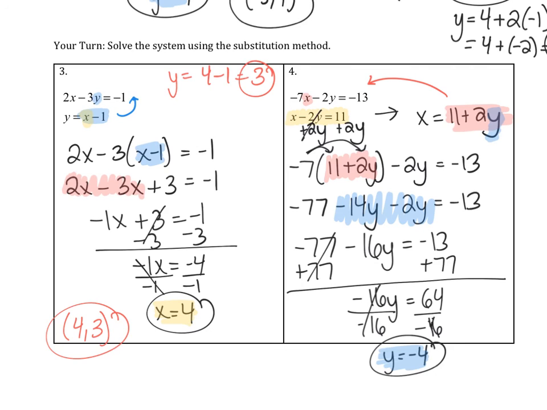So when I do that, I should get, I'm going to work over here, x equals 11 plus 2 times negative 4. 2 times negative 4 is negative 8, so it's 11 plus negative 8, which is 3. So x is 3. So our final answer for the solution to this system of equations is (3, negative 4). That's how we would write our final answer there.